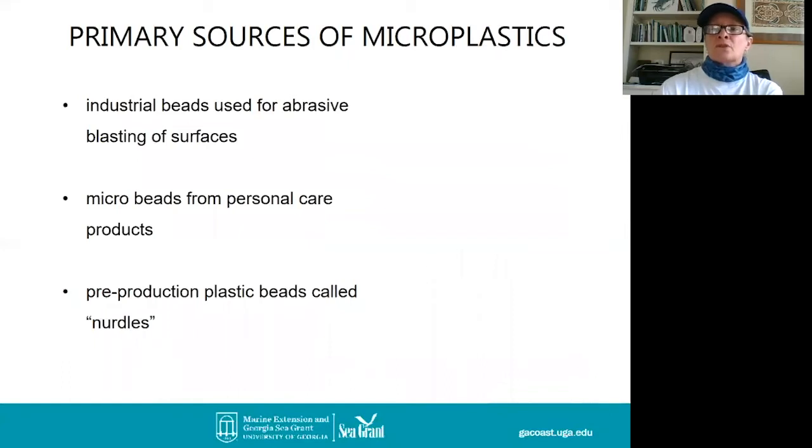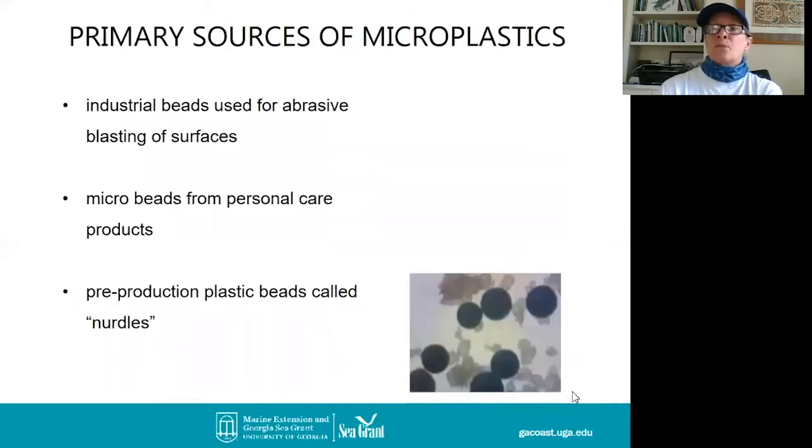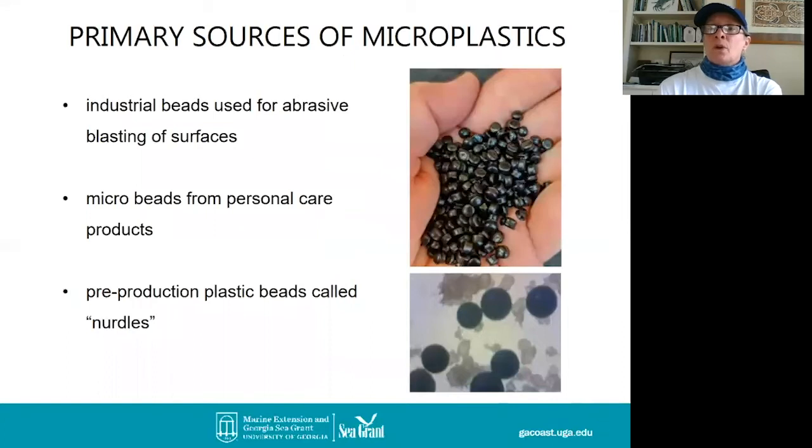So what are the sources of microplastics and where do they come from? We can categorize their sources into 2 groups, primary sources and secondary sources. Primary sources of microplastics are plastic particles manufactured or produced in a size range below that 5 millimeters.